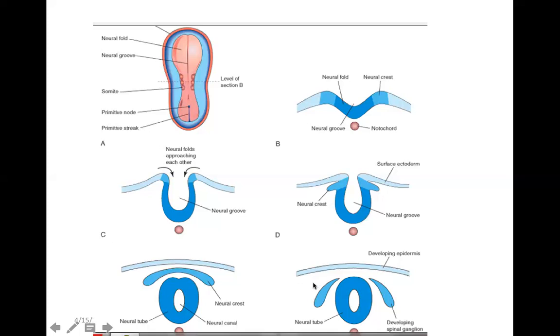Even in the nervous system, they form the spinal ganglia, in the spinal cord area, where you have the afferent fibers entering the spinal cord. Okay, the dorsal root ganglia is actually formed from the neural crest cells, so developing spinal ganglion.